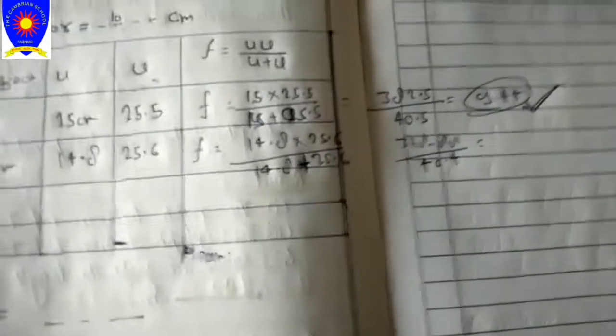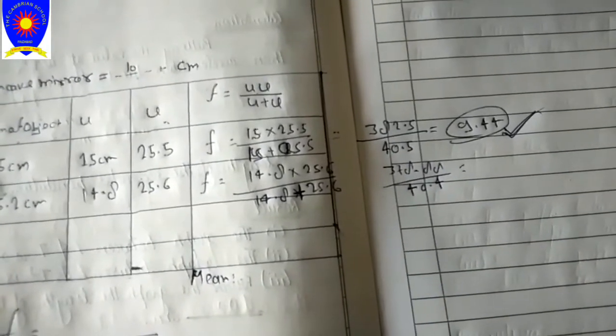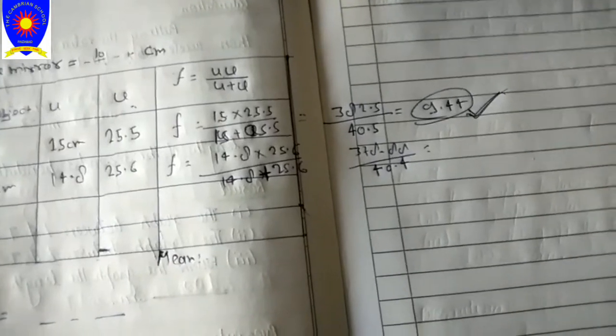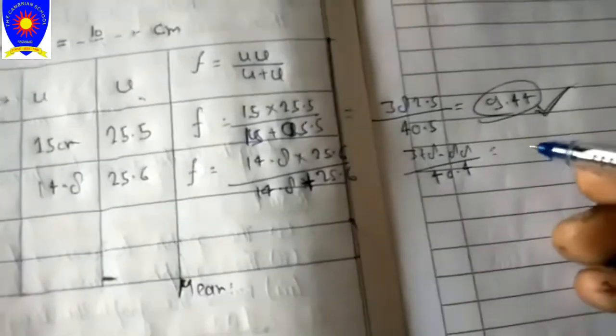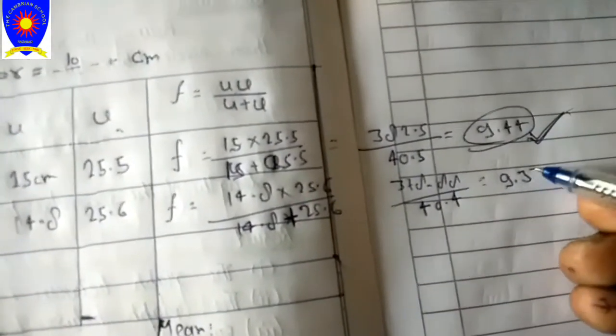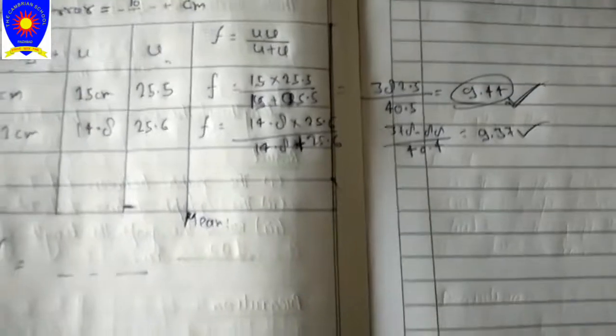So again divide 378.88 by 40.4, and you will get 9.37. So this is again very near to 10 centimeter.